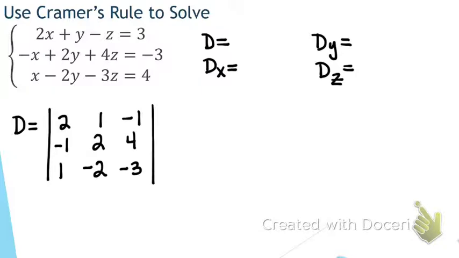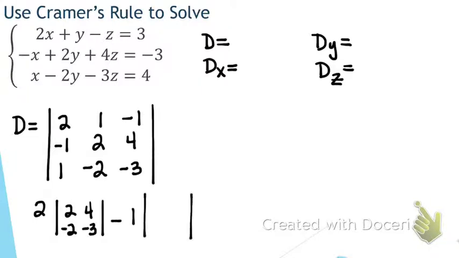I'll set up the formula, and then you find out the answer. So your determinant is going to equal 2 times, and then we will have these 4 numbers. -1 times, plus -1 times this 2x2.